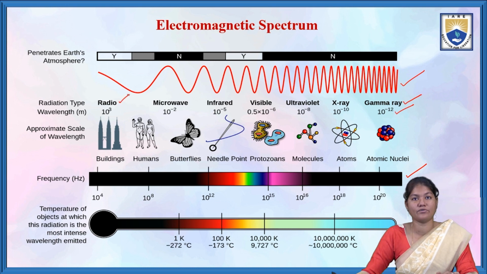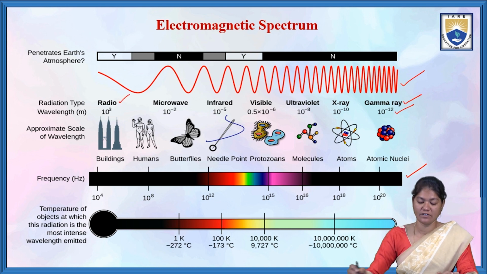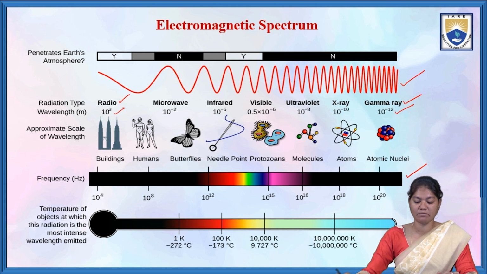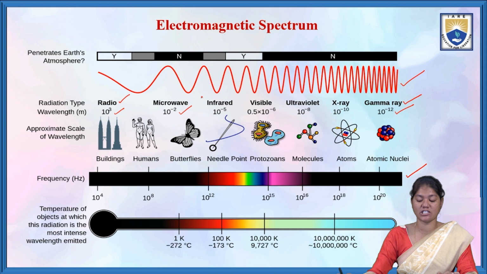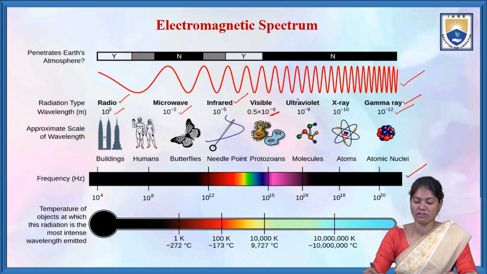Radio frequency has wavelength in meters of 10 power 3, and microwave 10 power minus 2 meters, infrared 10 power minus 5 meters, and this is the visible region, that is 0.5 into 10 power minus 6, and ultraviolet 10 power minus 8, which is coming from the sun, and X-rays 10 power minus 10, which we use mainly in the medical field, and gamma rays, 10 power minus 12 meters.